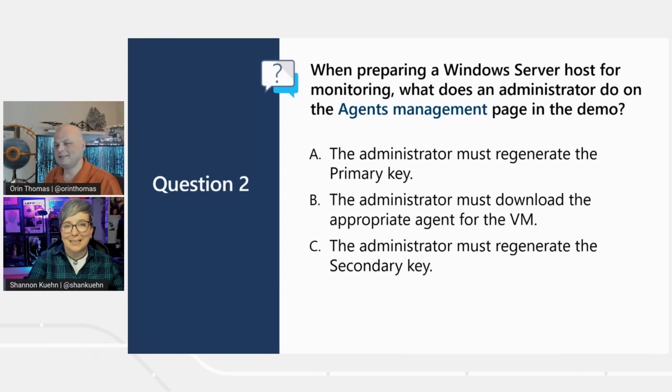Did we regenerate the primary key? No, we didn't. Did we regenerate the secondary key? We did not. So by the process of elimination, what did we do? We downloaded the appropriate agent for the VM.